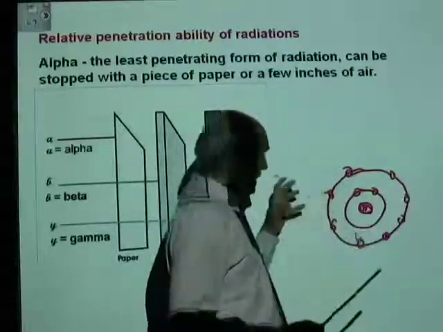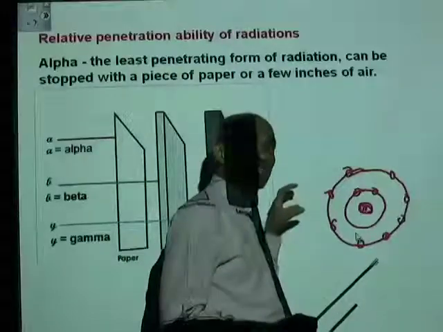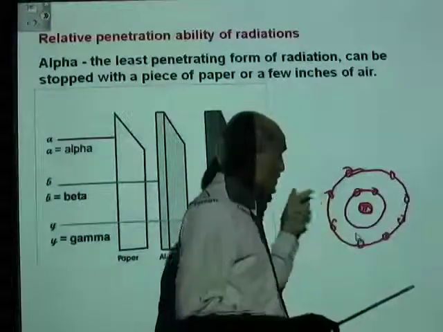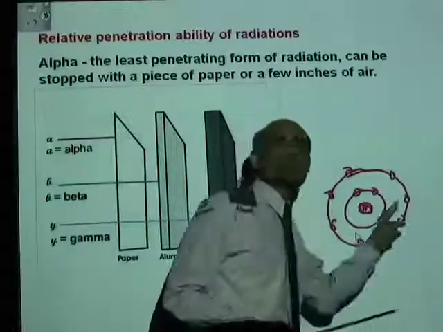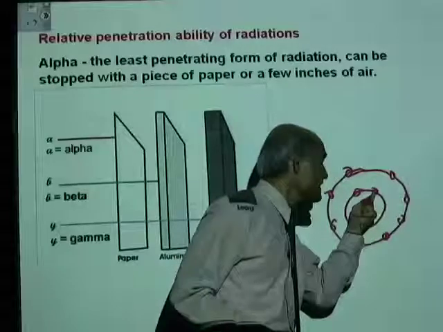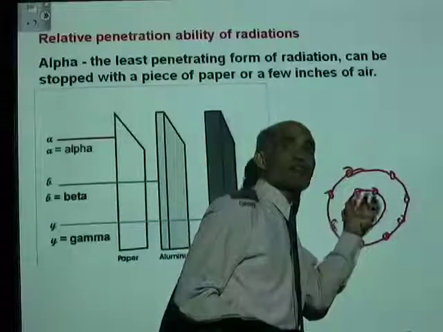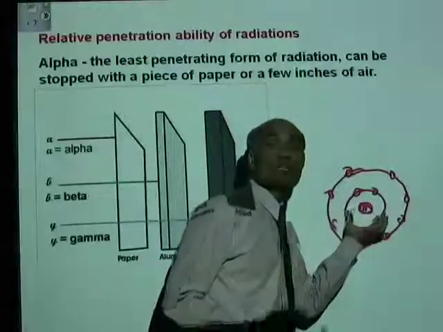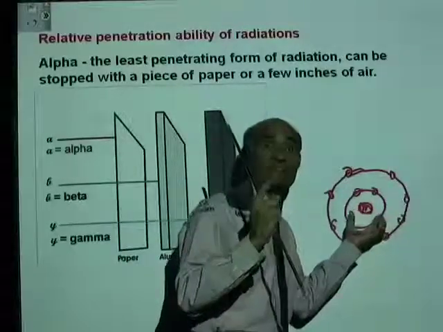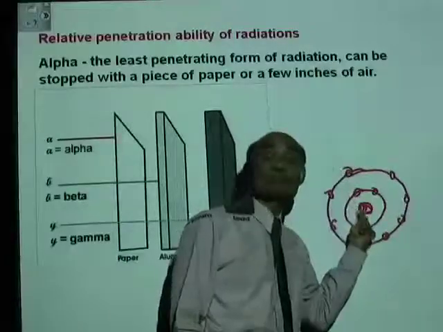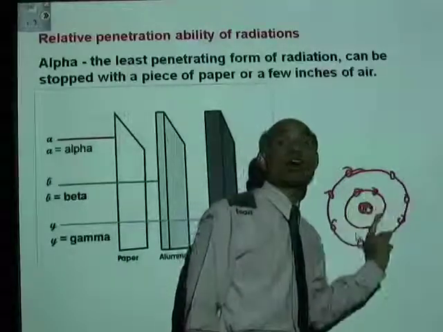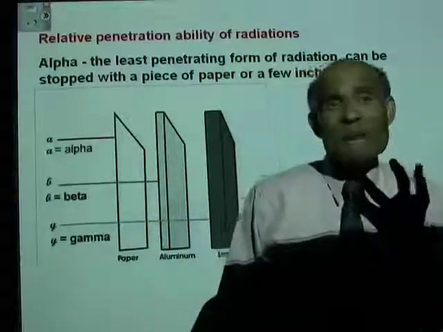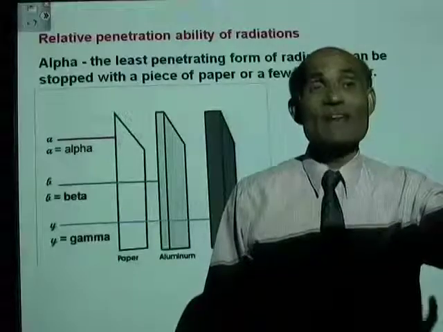If some extra energy comes from outside, like in the form of an alpha particle, suppose an alpha particle whizzes through air and it happens to hit that electron. That electron can be ripped away from the atom. That means this atom now contains one electron less, so it carries an excess of positive charge. This is now an ion. So an ion is an atom that is missing some electrons.